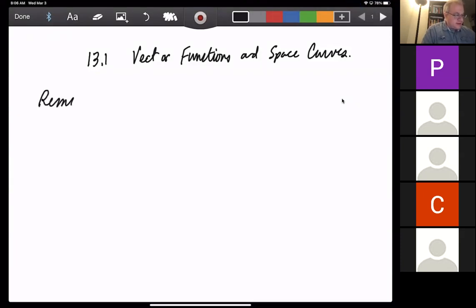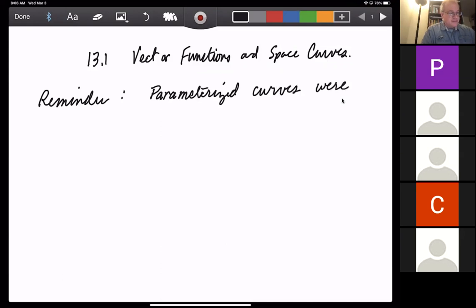So just a reminder, remember the idea of parameterized curves. This is a topic that comes up in Math242.